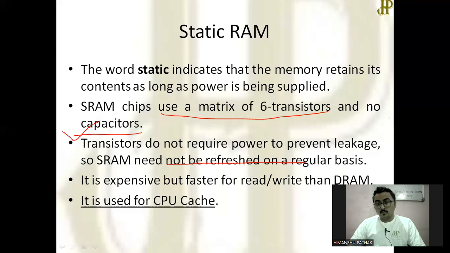That's why there is no such capacitor, so we don't need to refresh on a regular basis. That's why it is used for CPU cache. Why? Frequently used data are kept in this cache memory, which is used by the CPU. So these are generally static RAM, but it is a slight amount of memory.